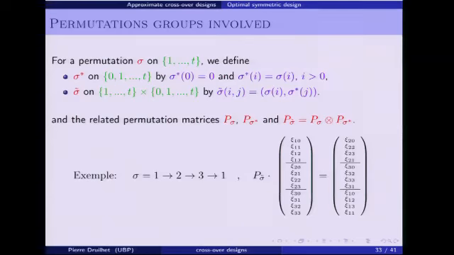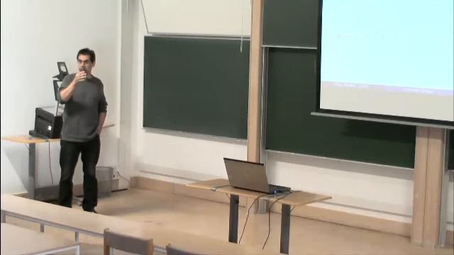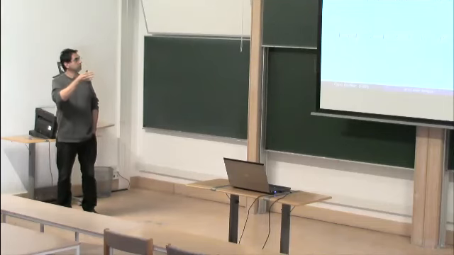So I will now speak about the groups involved in our problem. From a permutation sigma of the treatment labels, you may derive a permutation sigma star on the carryover effects. Remember that for carryover effects, you have one carryover more, because at the beginning of the experiment you have no treatment, which is called treatment zero.